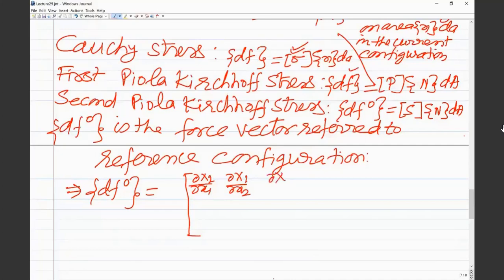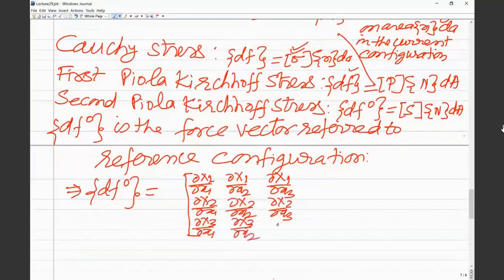So del x1 upon del x3, and then del x2 upon del x1, del x2 upon del x2, del x2 upon del x3, and del x3 upon del x1, del x3 upon del x2, del x3 upon del x3.